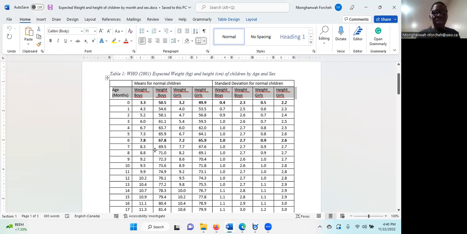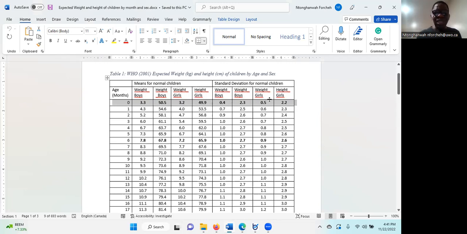So the expected weight at 0 months means that a child who is under 1 month old is expected to weigh on average 3.3 kilograms or be of length 50.5 centimeters. Normally the children are not yet standing, so they measure them using what they call the length instead of the height. We'll combine them here. And that's for boys, and for girls it's 3.2 and 49.9.